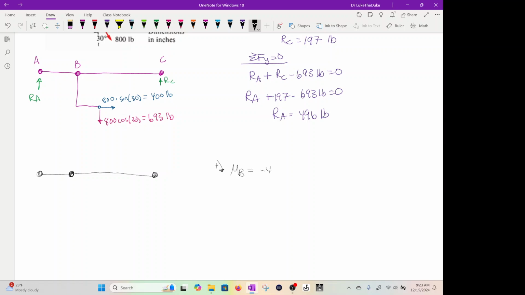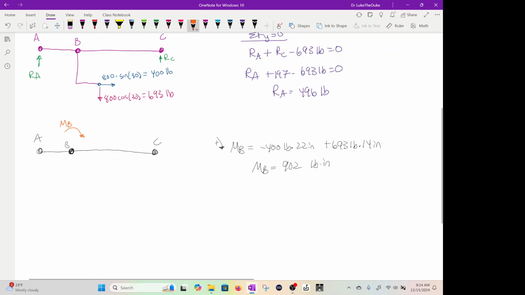So we get minus 400 pounds times 22 inches plus 693 pounds times 14 inches. This moment now becomes 902 pound-inch, and that's acting at B. So we'll call it MB. This is A, this is C, this is still point B.